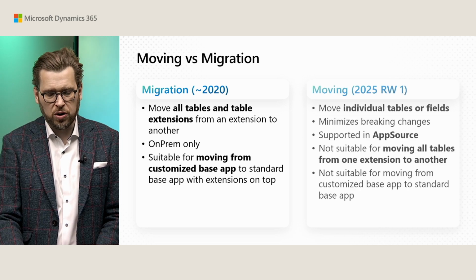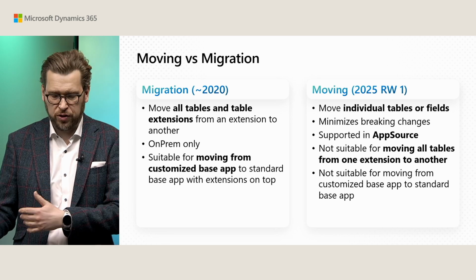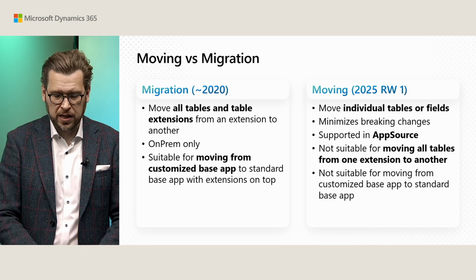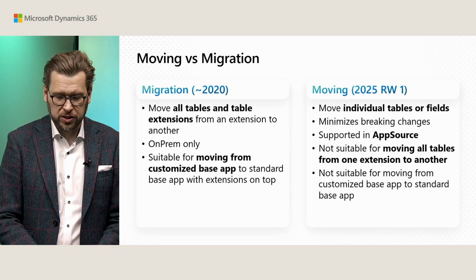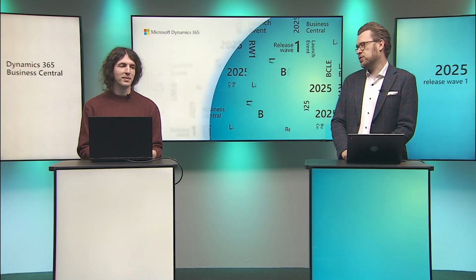The ability that we are talking about today is the ability to move individual tables and fields across extensions in cloud, in SaaS, with minimal breaking changes. And so it's not intended to move all tables. It's not efficient for that either. So Sotiris, can you tell us more about how all of this works?